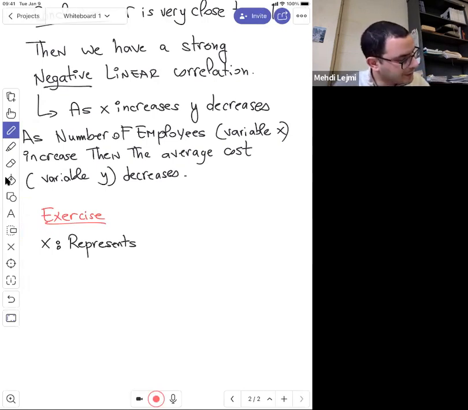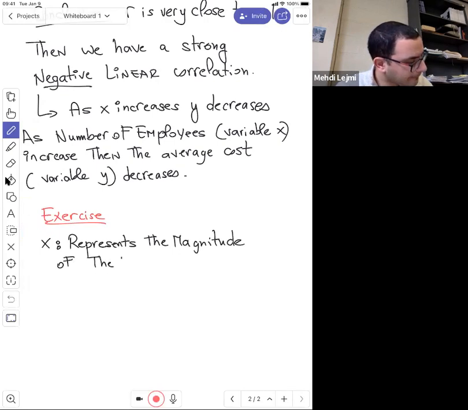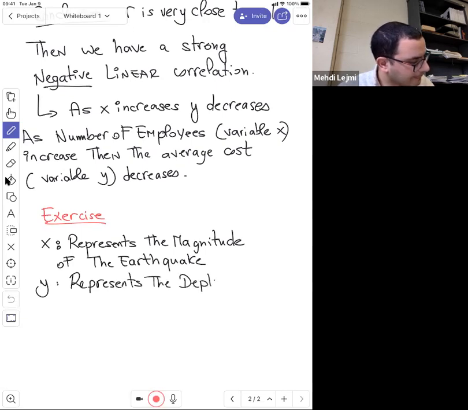So X is supposed to represent the magnitude of the earthquake. And Y is supposed to represent the depth in kilometers, of course, the depth of the earth.